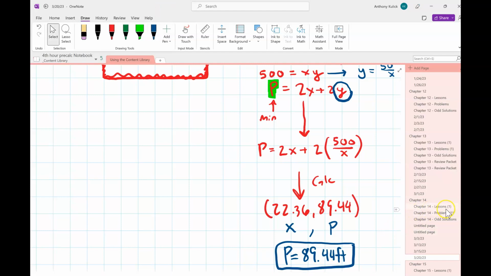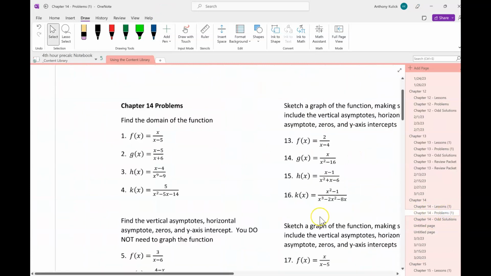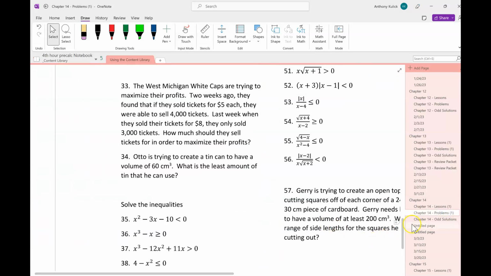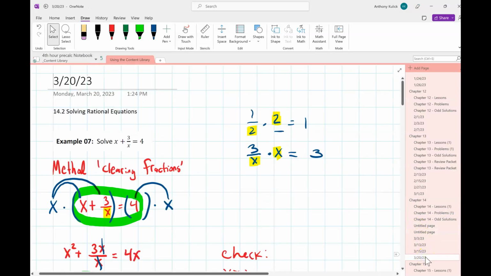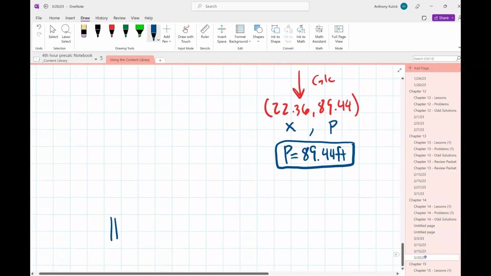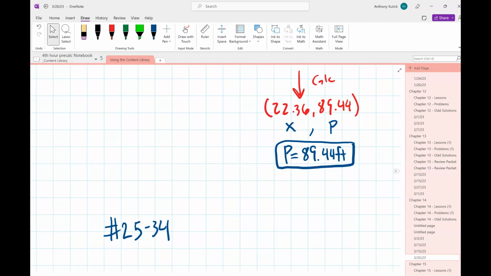That's it for section 2. At this point, you guys should be able to do, what, 25 to 34? But we're done so early. Let's do a couple of these problems together.